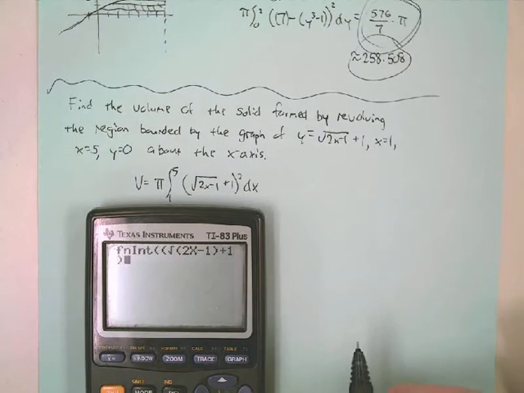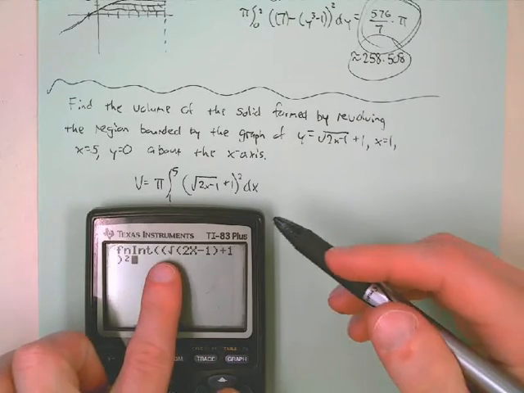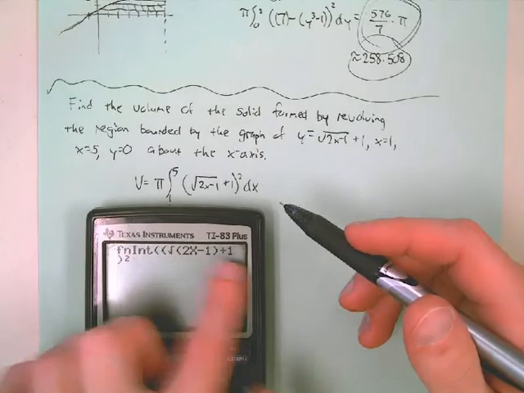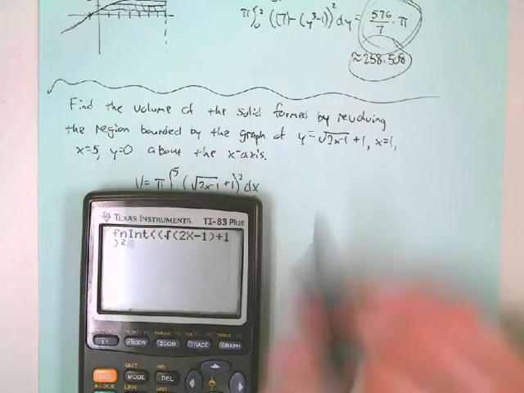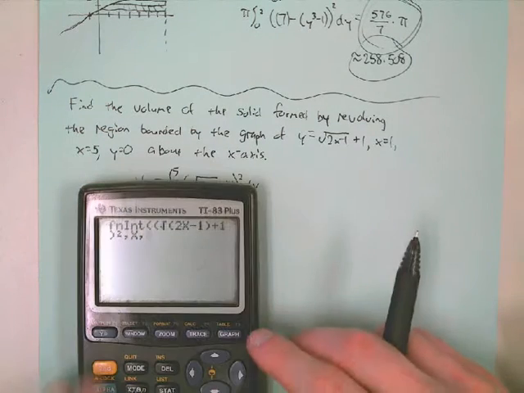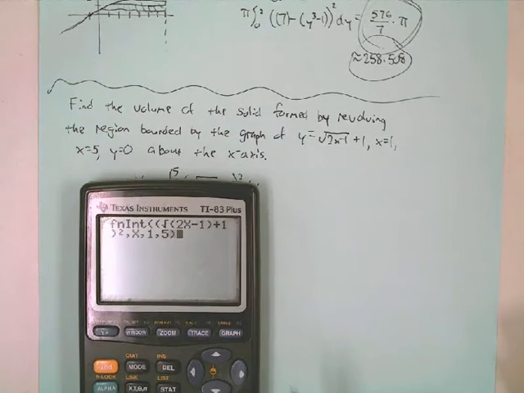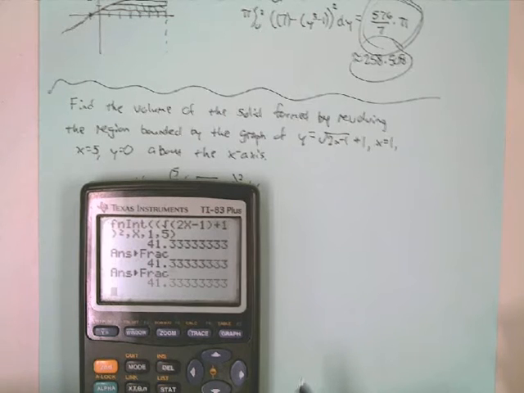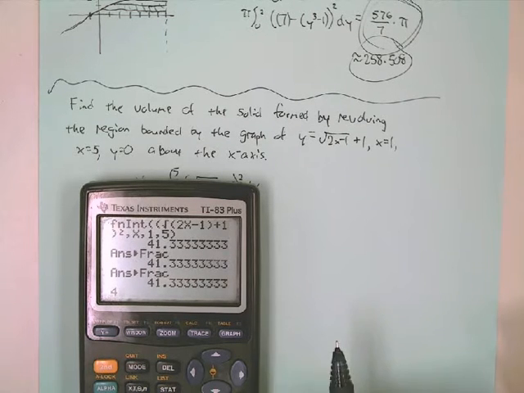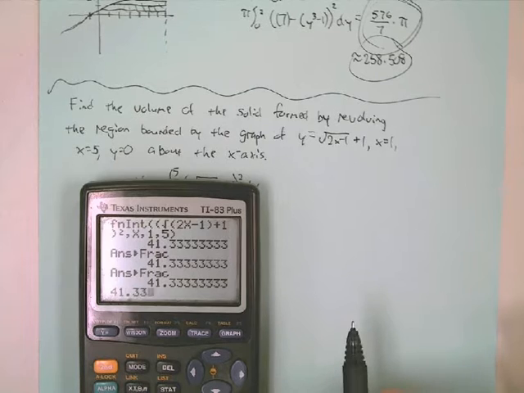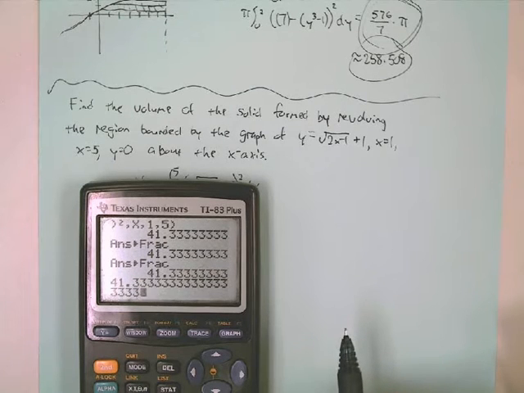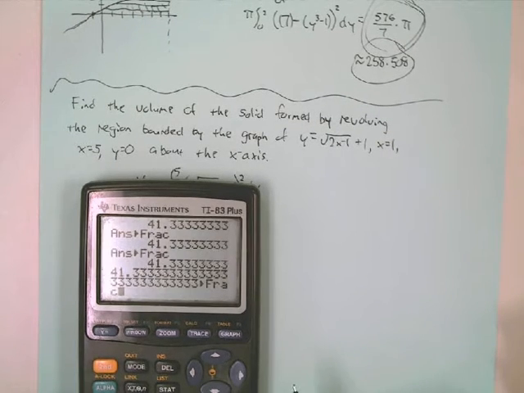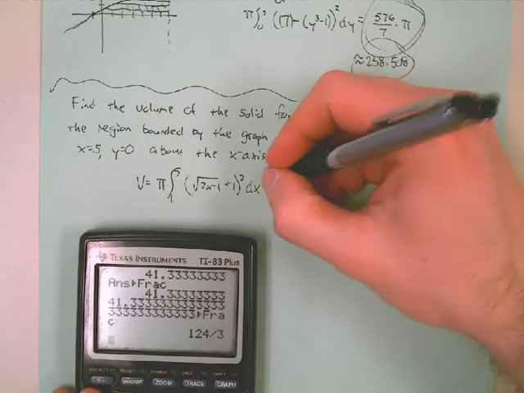So it's quantity square root of 2x minus 1 plus 1, that quantity squared, with respect to x from 1 to 5. Okay, so what? That didn't convert? That's weird. Okay. Take that, calculator. Okay, so it's 124 thirds pi.